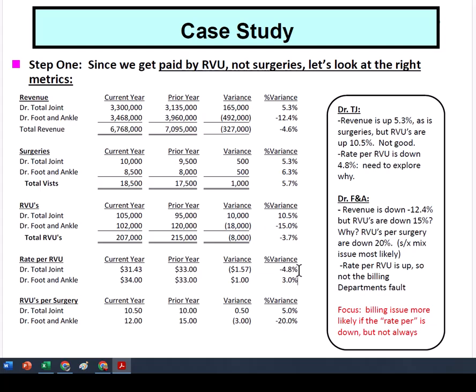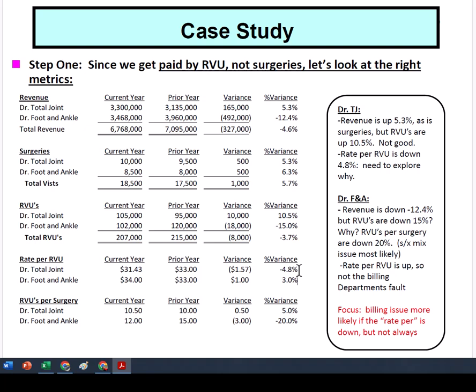So the one thing I want you to know, and you're going to have this in the assignment: the physicians always love to blame the billing department. Sorry if there's any clinicians out there. It's my experience. If the issue is volume related, it's probably not the billing department's fault.